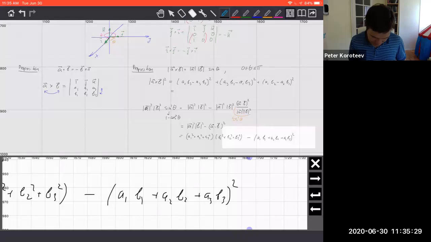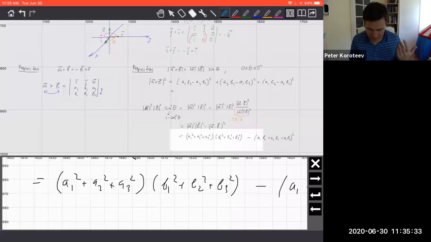And now we need to open up the parentheses here and on top and see that we get the same formula.